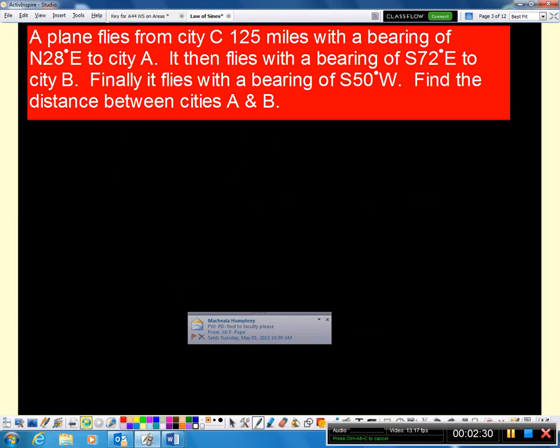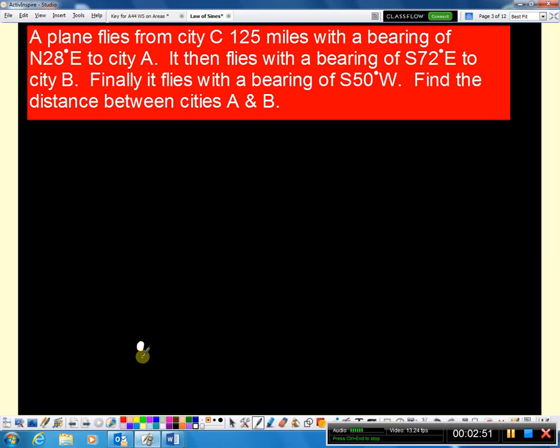Now, let's actually start this using a word problem. A plane flies from city C with a bearing of north 28 degrees east. Wait a minute, that means city C is in the southern portion of your drawing space. So let me put C here.